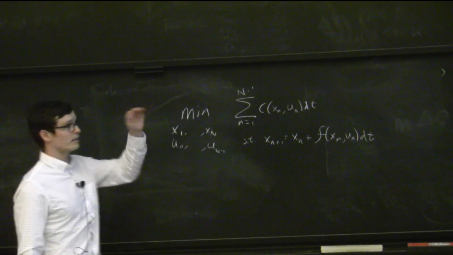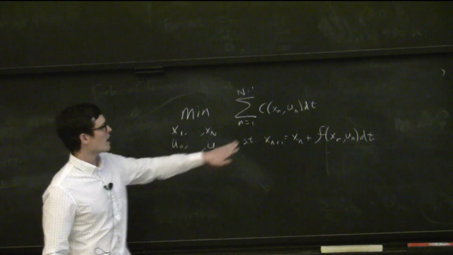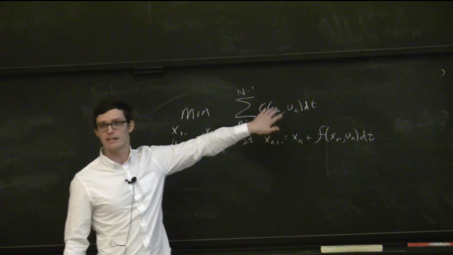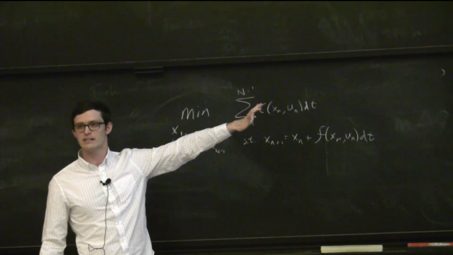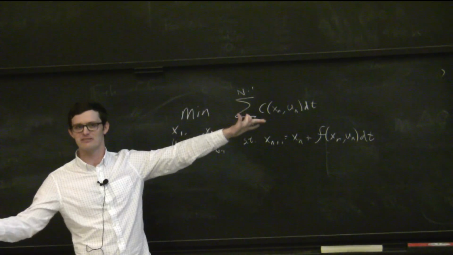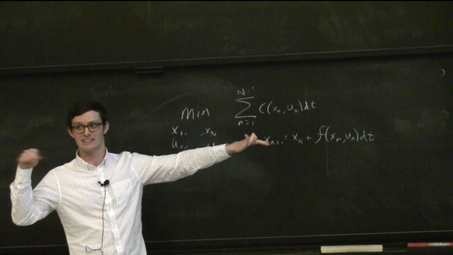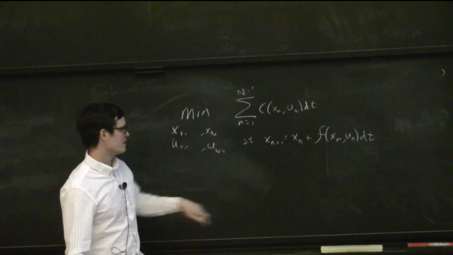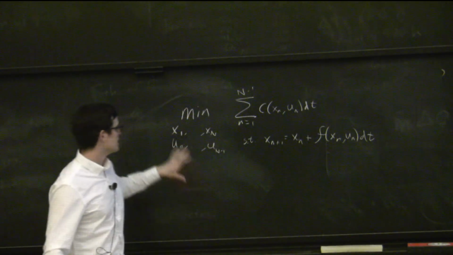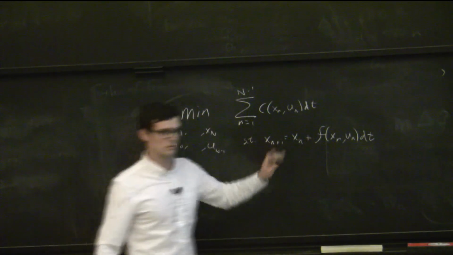So for the rocket, for example, our cost might be, we want the state of the rocket at the end of our time horizon to have zero velocity and to be at the ground of Earth, right? And then we have some cool rocket dynamics, and then we optimize over all this. So this all works. This works great.